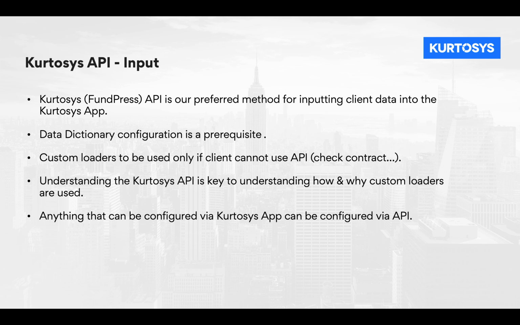And those custom loaders are then able to take the customer's data, transform it into how the API requires the data to be in, and then it can be loaded within our platform. So once you understand the specific formats of our API endpoints, you should have a better understanding of how we require the data to look from the customer side. Anything that can be configured via the app using the UI can be configured via the API.